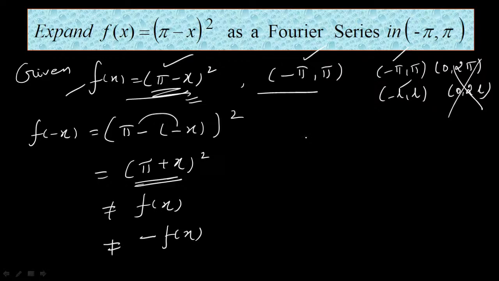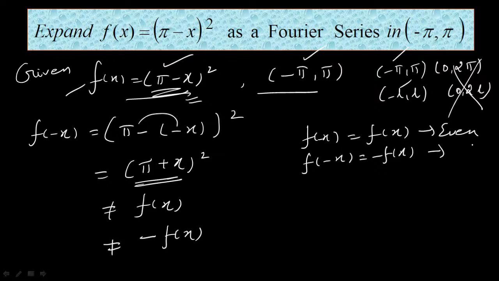So we have two conditions. Whether the given function, if you replace x by minus x, gives you the same function, means f of x is even. Okay. If you replace x by minus x in the given function and you get minus of f of x, that means it is an odd function. So here this value of the function is not equal to f of x, and this is not equal to minus of f of x too.